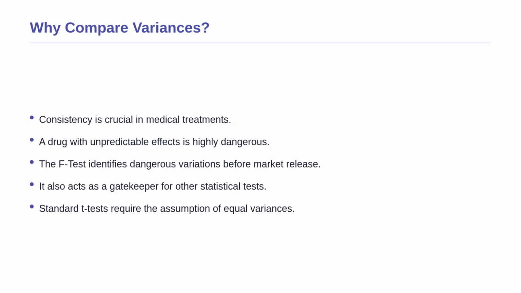The F-test helps researchers identify these dangerous variations before a drug ever goes to market. Furthermore, many other statistical tests, like the standard t-test, mathematically require the assumption that both groups have equal variances. In this way, the F-test acts as a crucial gatekeeper, allowing us to check that assumption before we proceed with further analysis.